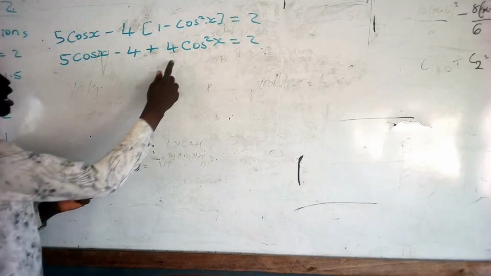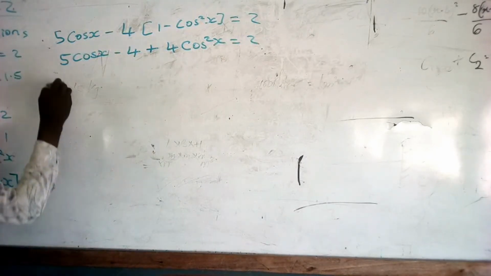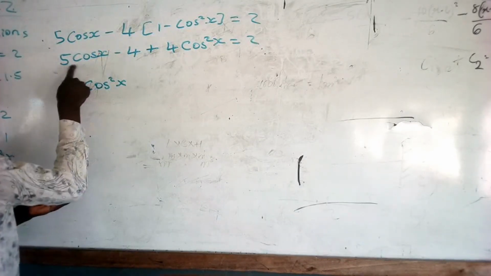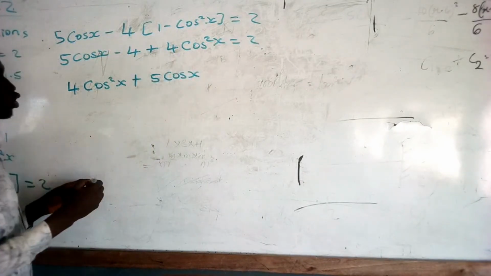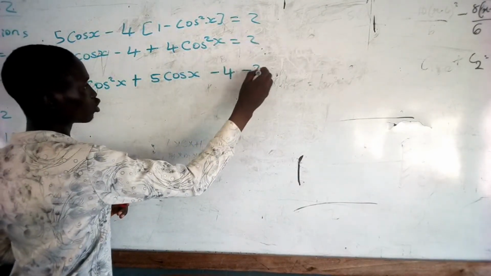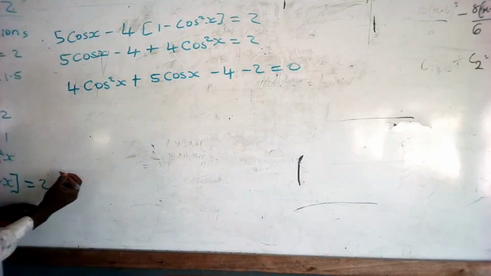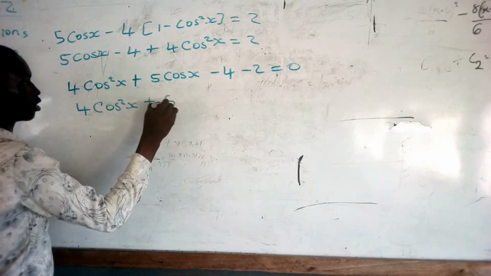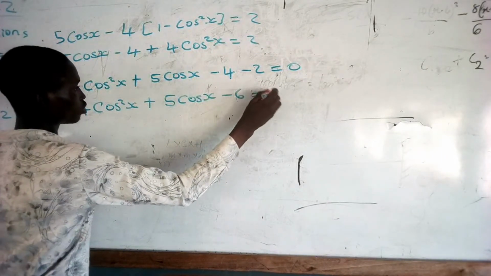Now we're going to have 4 cos square s plus 5 cos s minus 4, then bring the 2 to this place, it becomes minus 2, equals 0. So we have 4 cos square s plus 5 cos s minus 6 equals 0.